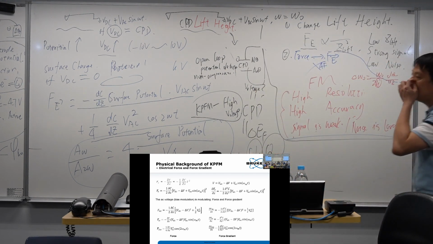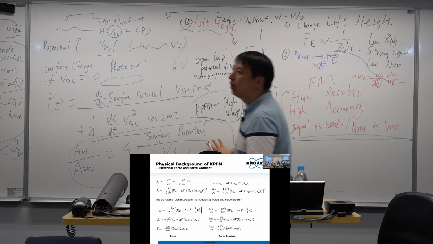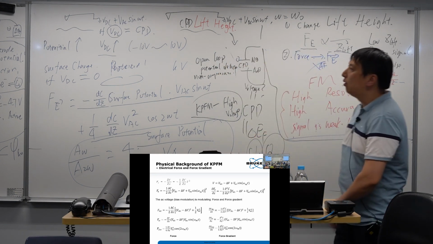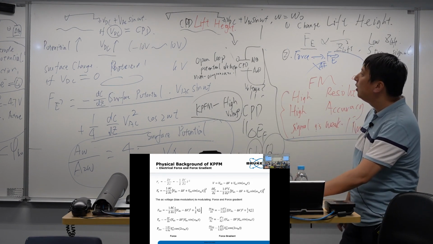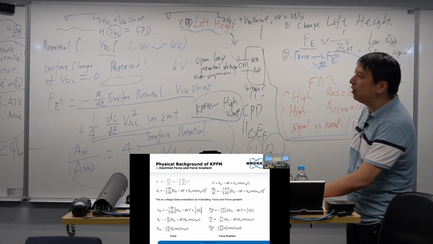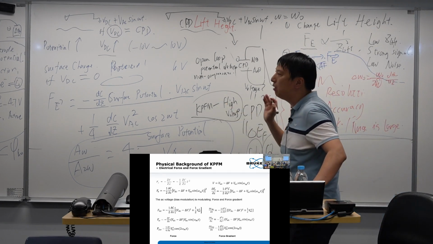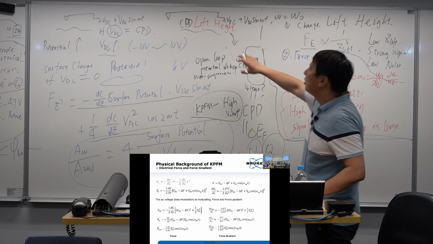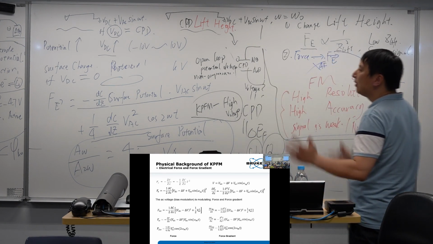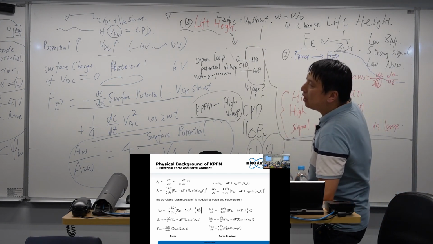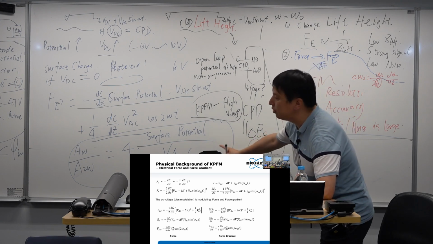If you take a look at its theory, it's just the same as this one. Of course, in your publication, you can use any name. You can call it KPFM high voltage, or you can call it open loop potential detection. It doesn't matter. Just let the reviewer know what you are doing.